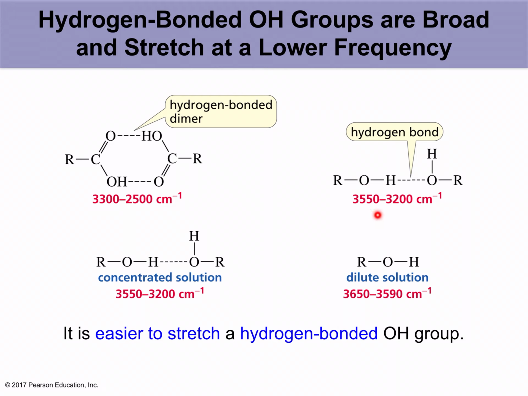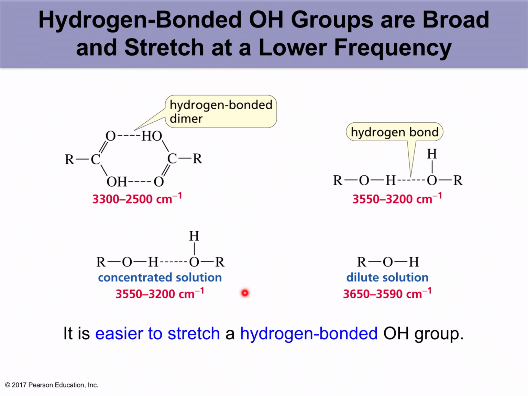So the alcohol OH bond will need more energy to stretch it, and as a result appears at a higher frequency, 3550 to 3200, compared to the acid, that is a little bit less, 3300 to 2500. Okay, the more the hydrogen bonding, the weaker the OH bond becomes, and it would need less energy to vibrate, appearing at a lower wave number compared to the alcohol.